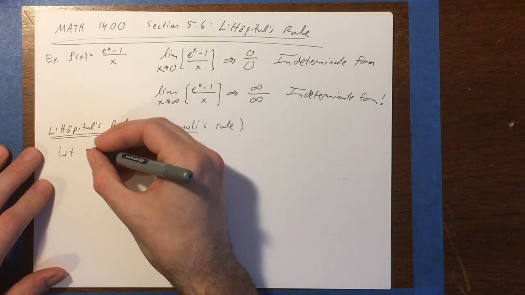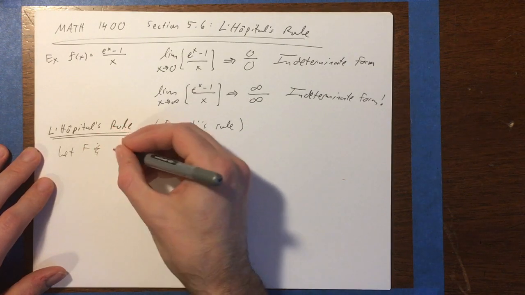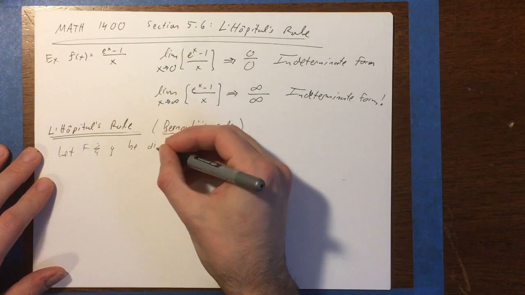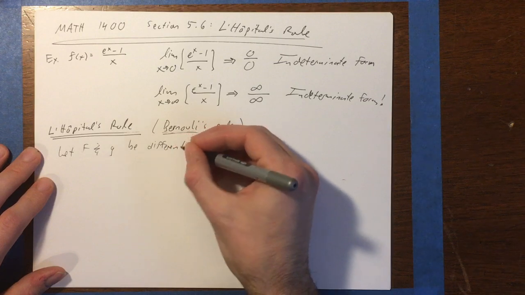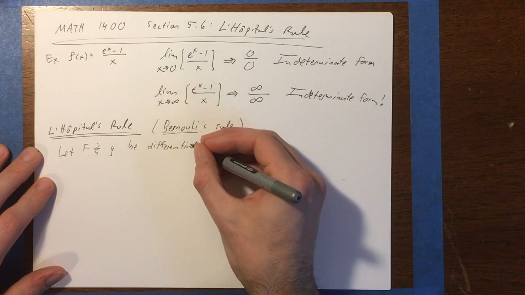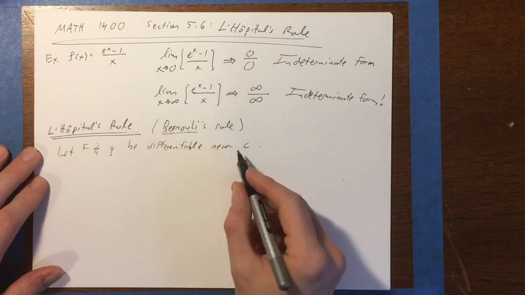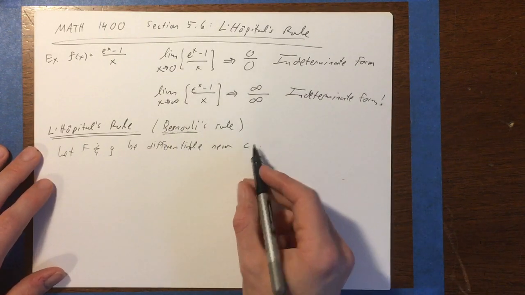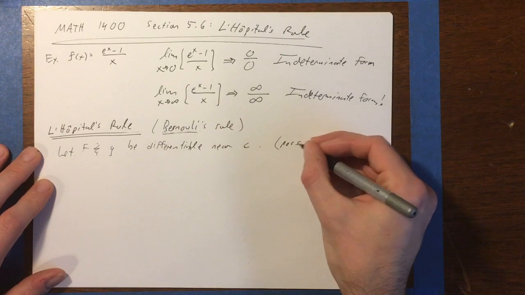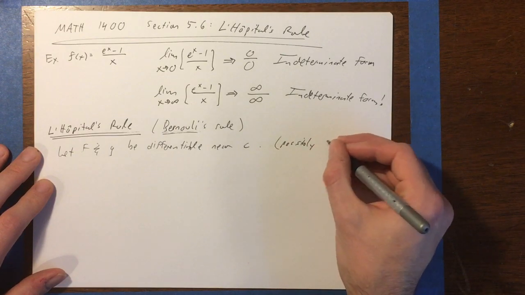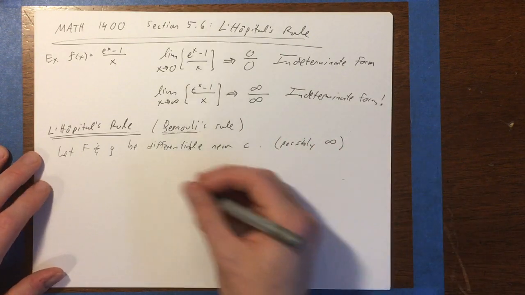All right. So it goes like this. First of all, you need two functions, and they need to be differentiable, if not at, near c, which is going to be some value. This could be infinity. Okay.